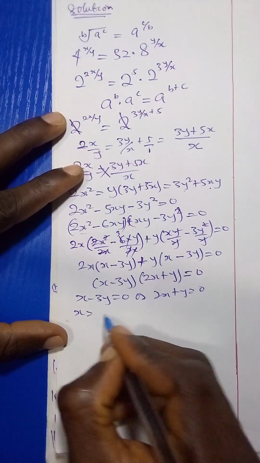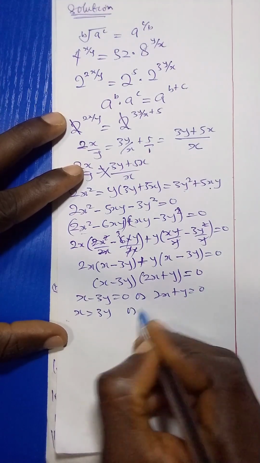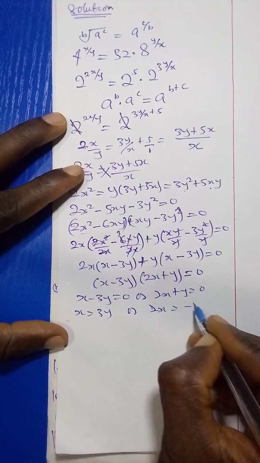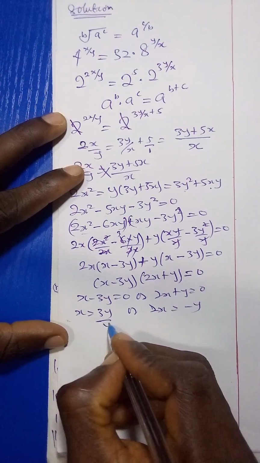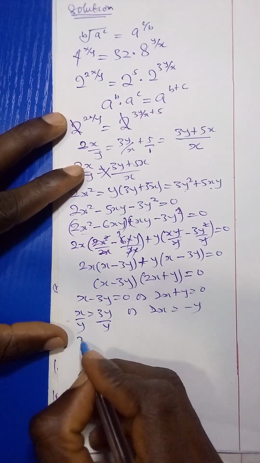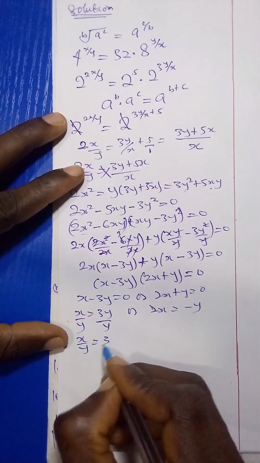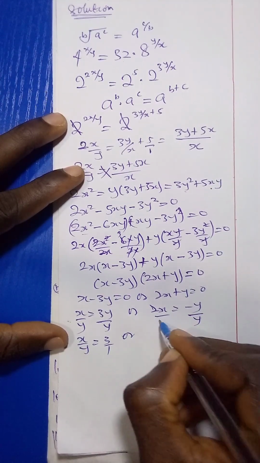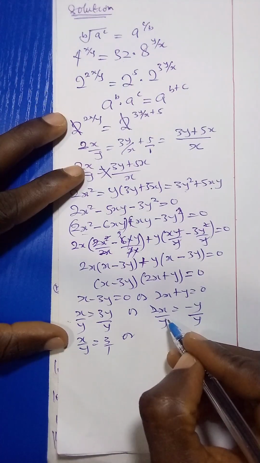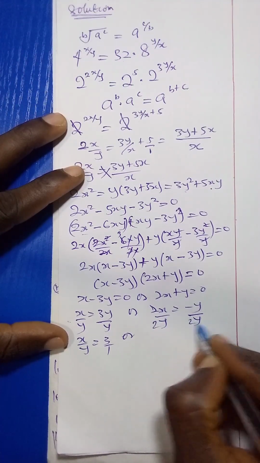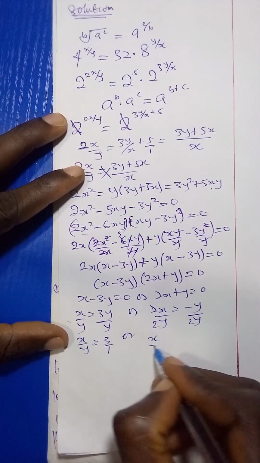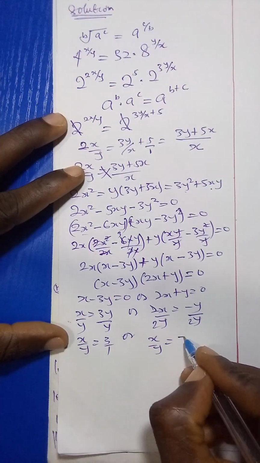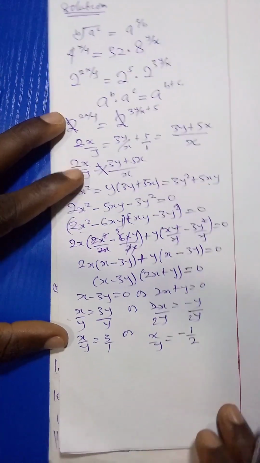And so x is equal to 3y, or 2x is equal to minus y. If I divide both sides by y here, I have x over y is equal to 3 over 1. Or divide both sides by y here, and then by 2, I have x over y is equal to minus 1 over 2.